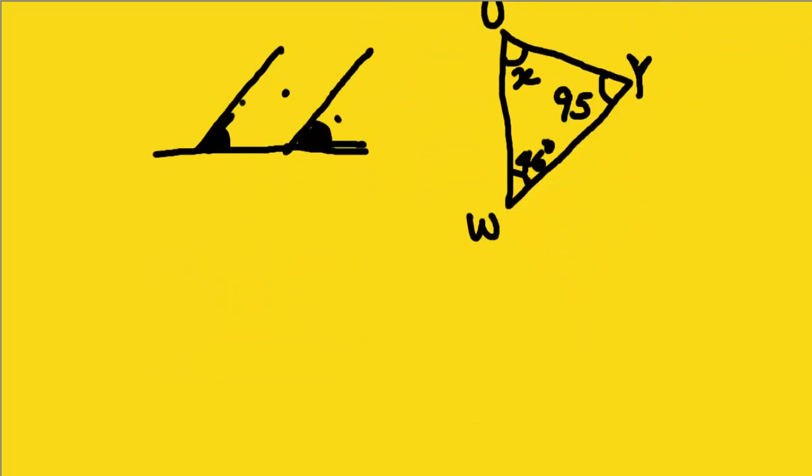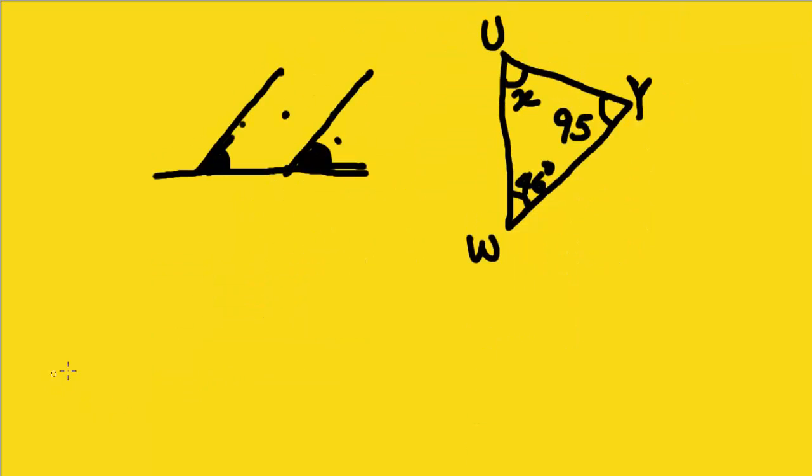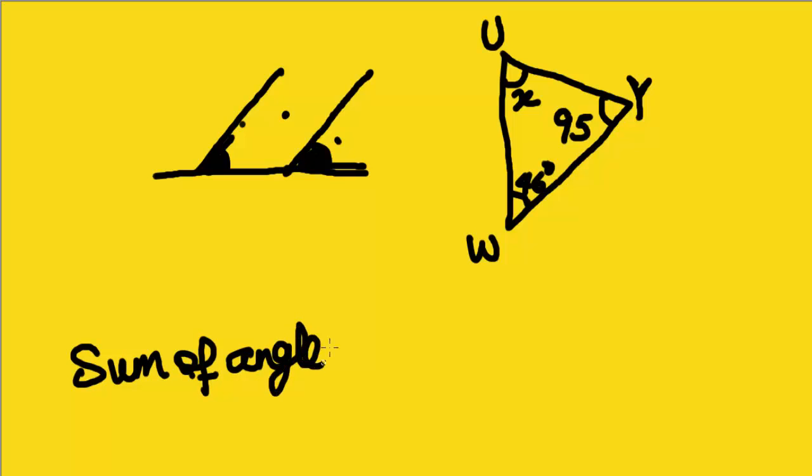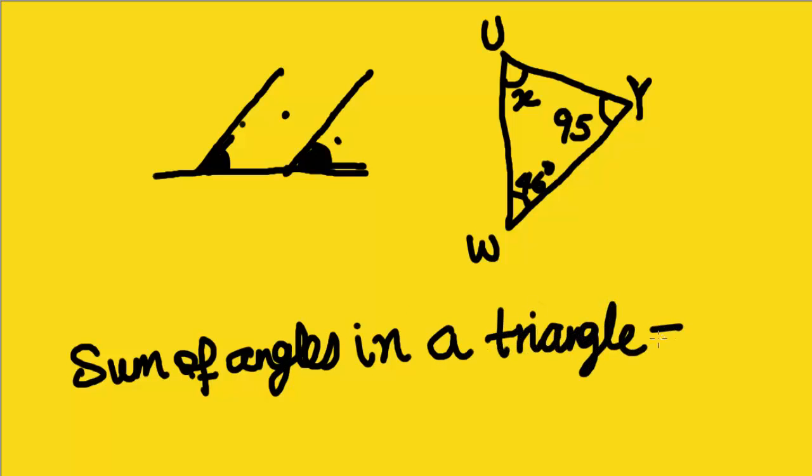Now, if you remember from your maths lessons, the sum of angles in a triangle is 180 degrees. In any triangle, the sum of all angles is 180 degrees.